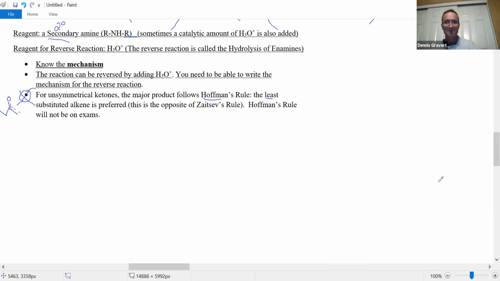Here we go. So now we're going to do the mechanism, which we have to know for exams. Start with the ketone, and I'm going to simplify it and just add dimethylamine. Okay, and we're going to pretend this is primary, even though it's secondary.